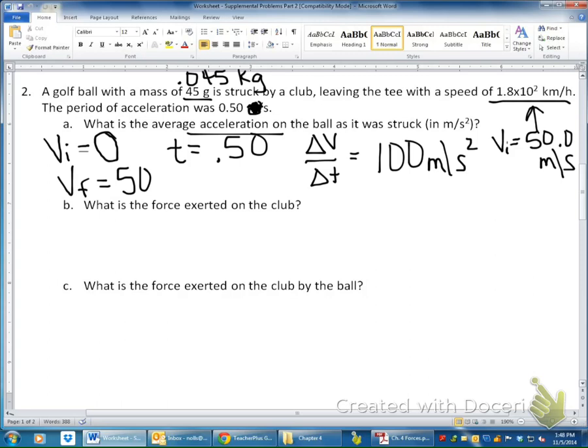Okay. What is the force exerted on the club? Okay, we're looking to find net force here. F net equals mass times acceleration. That's it.